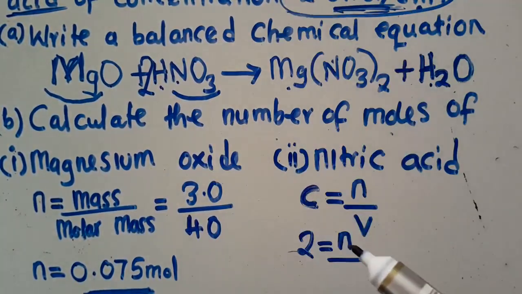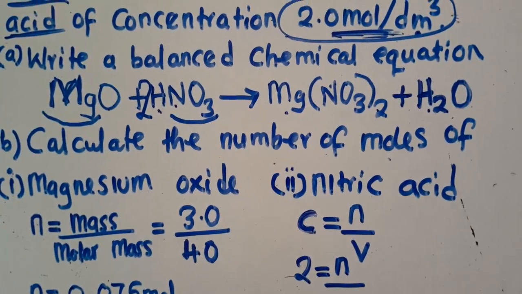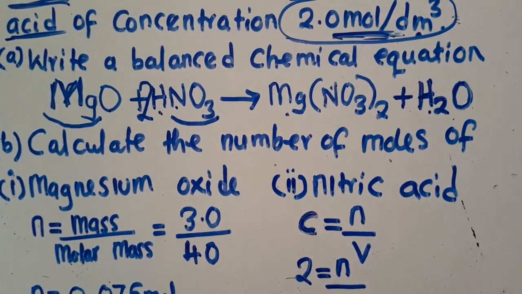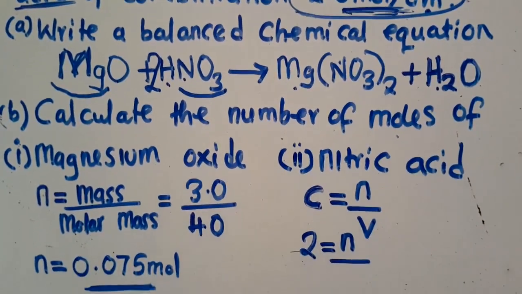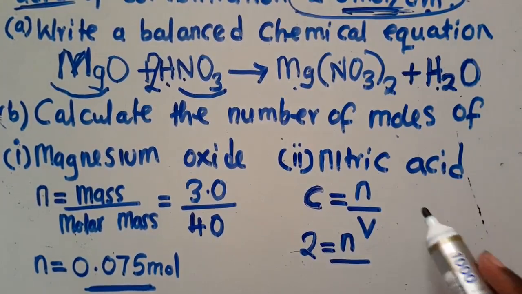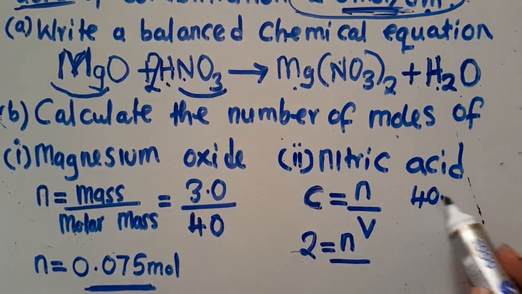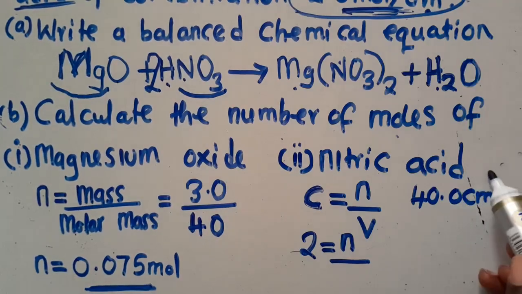The other name for that is molarity, where concentration is expressed in moles per decimeters cubed. So what I'm going to do is convert 40. I'm given 40.0 centimeters cubed.